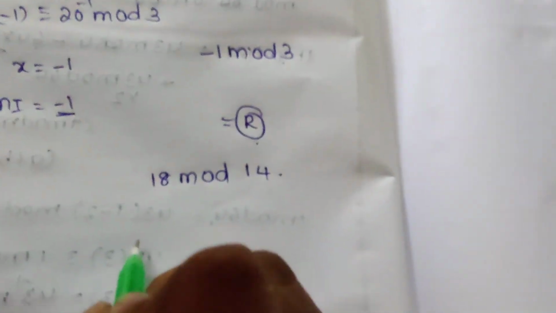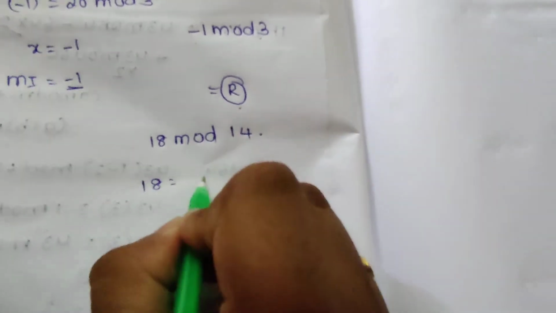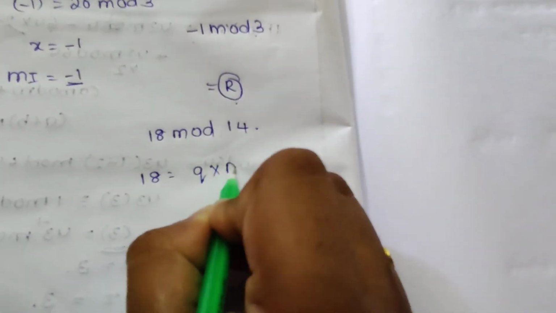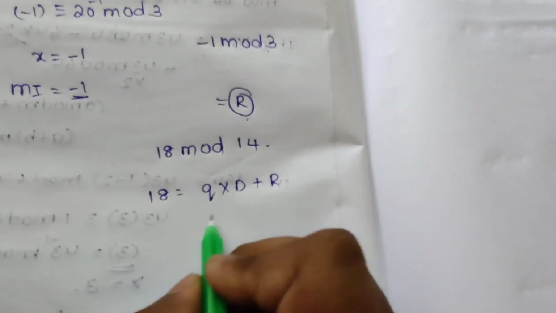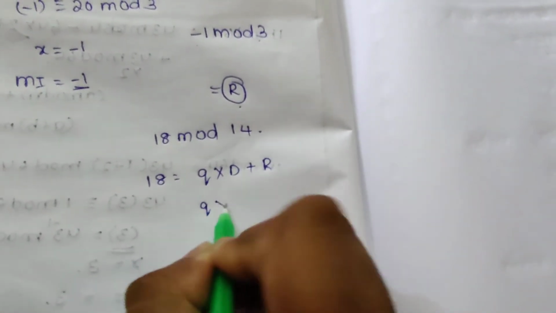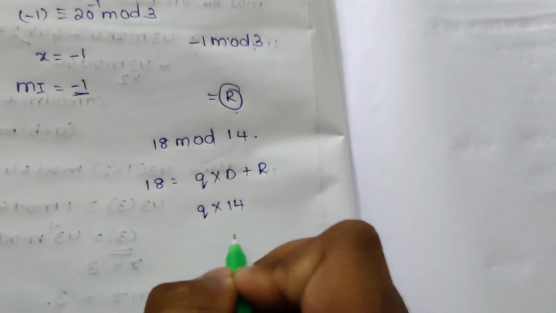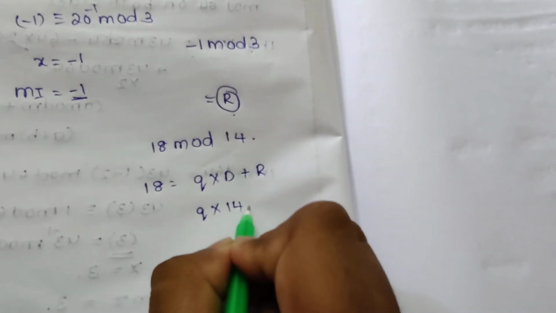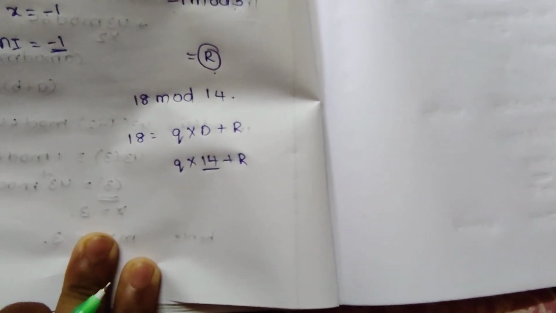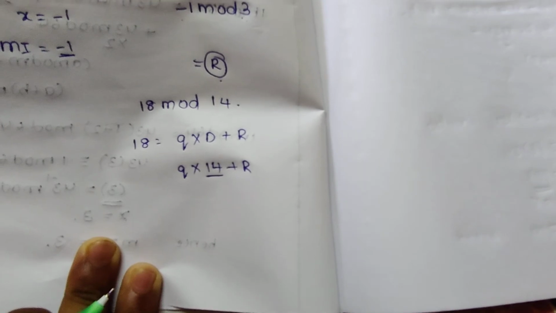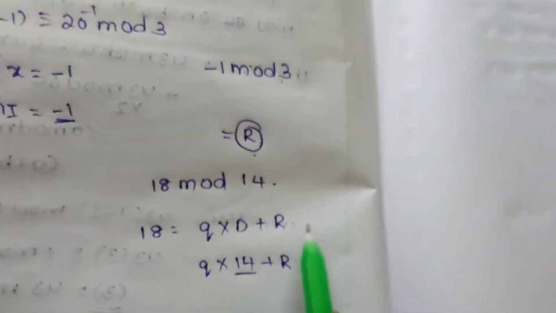Now we require 18 equals quotient into divisor plus remainder. The divisor is 14 and the remainder is r. Now how can we find it by the substitution method? Wait a minute, I will give more clarity.